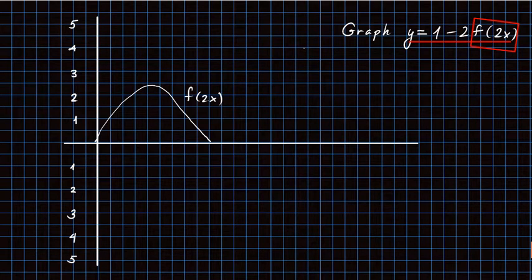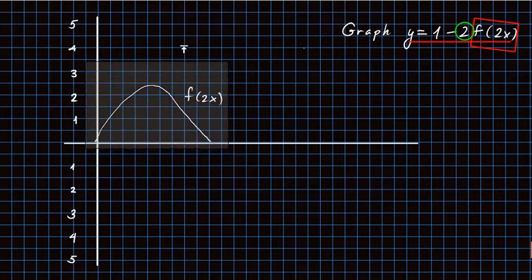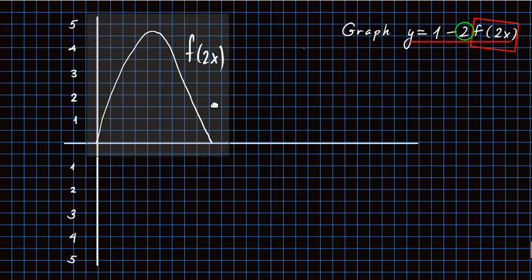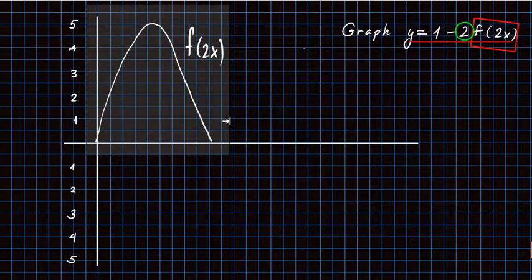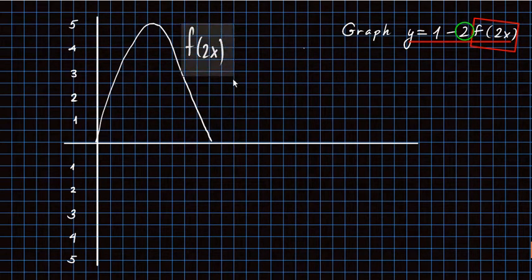The next thing I work on is the 2, because that's the next thing I do to this function. 2 times that means that I stretch by a factor of 2 in the vertical direction. So I go up by a factor of 2, and the new function is 2 times f of 2x. Next I have a minus sign. What does the minus sign do?